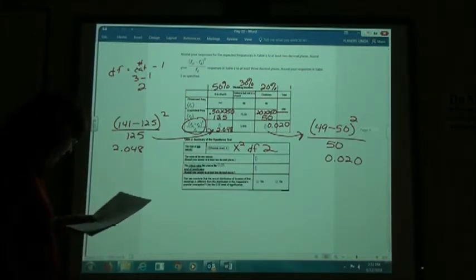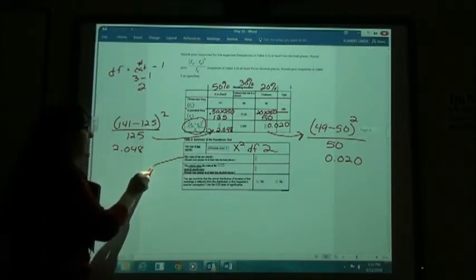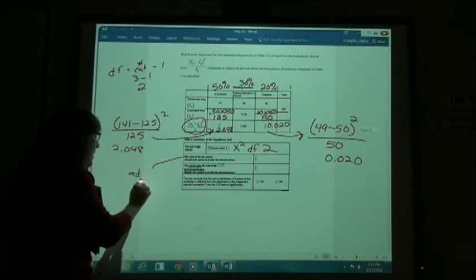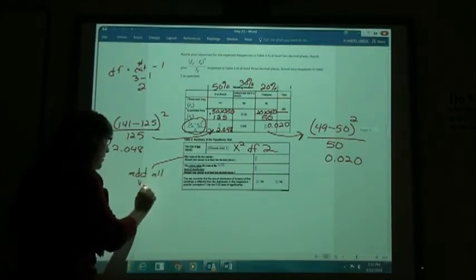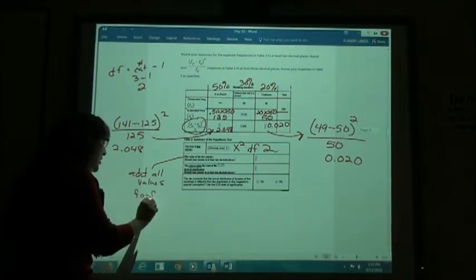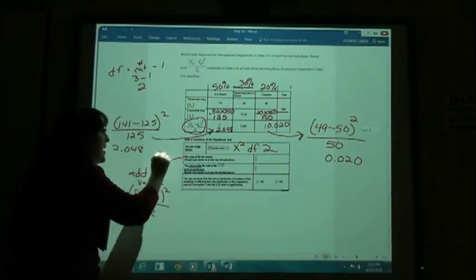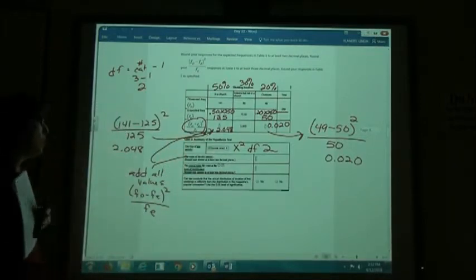We are going to then find the value of our test statistic. To find the value of the test statistic, we're going to add all the values for the calculation, which means add all these ones in this bottom row.